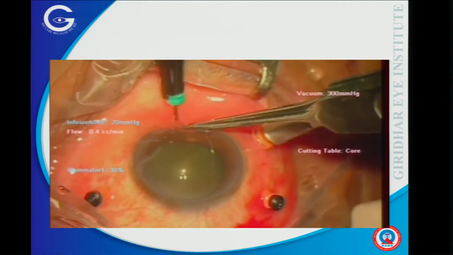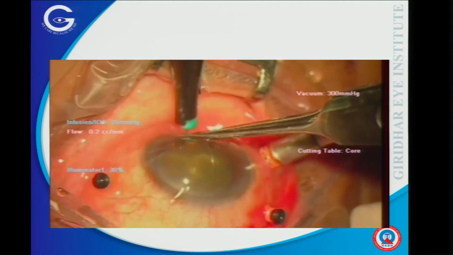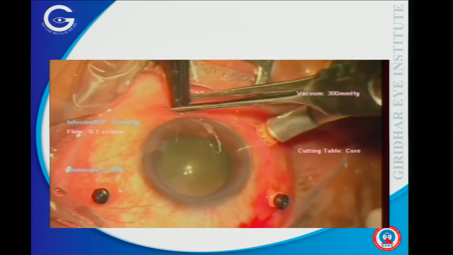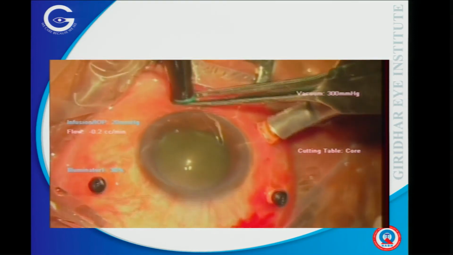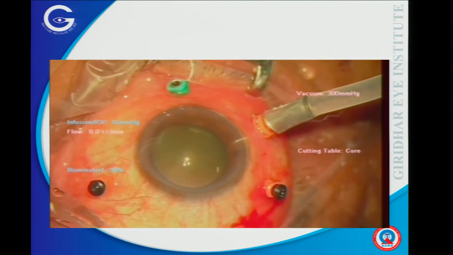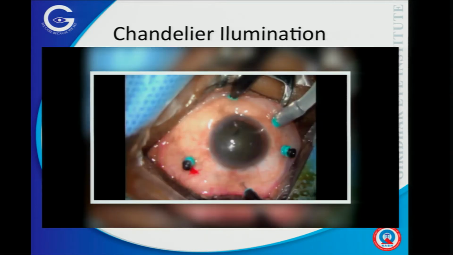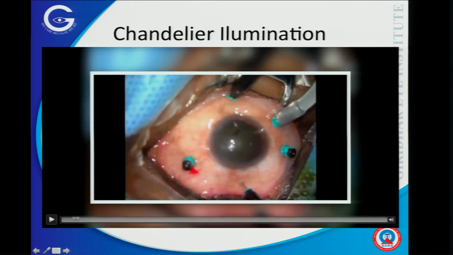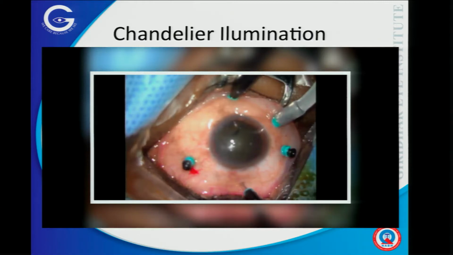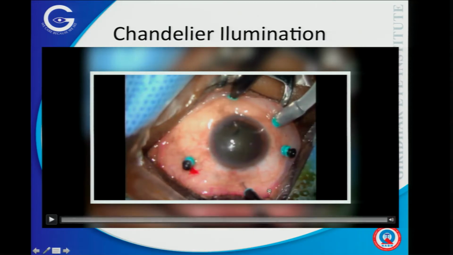I usually go direct because the position and the angulation of the chandelier is very important. If you place the chandelier and then later you can't see anything much, the light is very poor because the chandelier is pointing somewhere else and not where you want the illumination at all. In complex cases where I see very dense membranes extending from ora to ora, where I know that dissection may be necessary on either side, I usually place the chandelier on either side, as I have shown here.